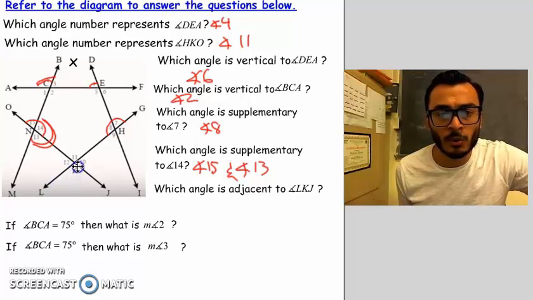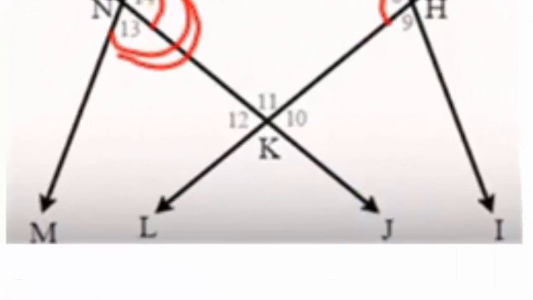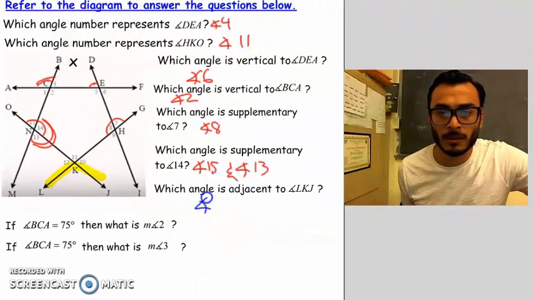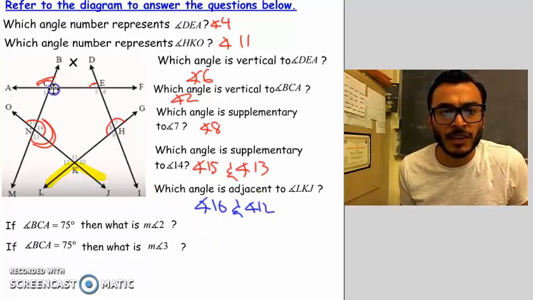So here is LKJ. Adjacent means that they share a side. So angle 10 and angle 12 share a side with angle LKJ. So that's angle 10 and angle 12.